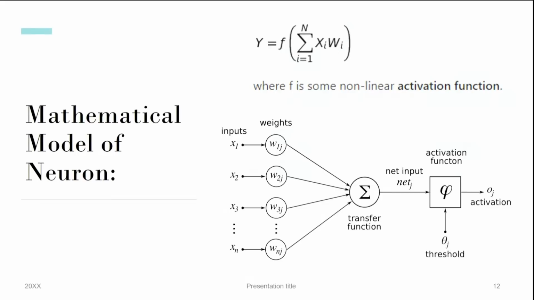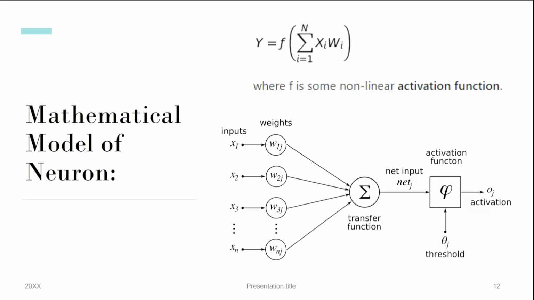Now suppose you wish to represent the model of a neuron mathematically. You can say that a neuron is a single cell which receives input signals from different sources, and with every signal there is a weight associated.